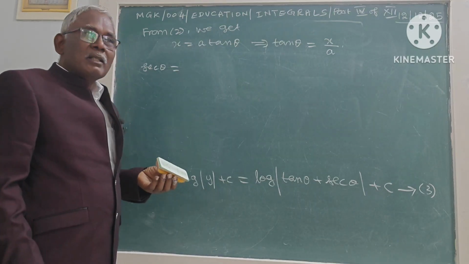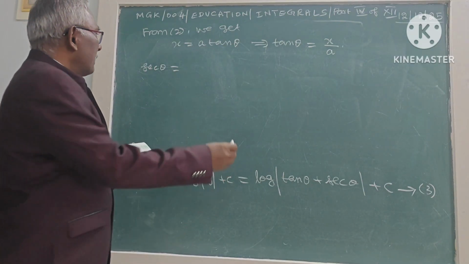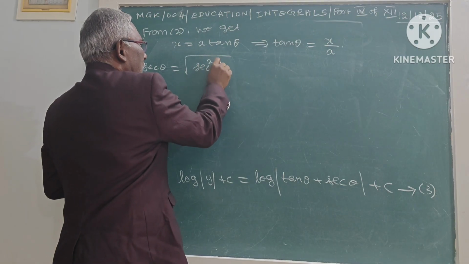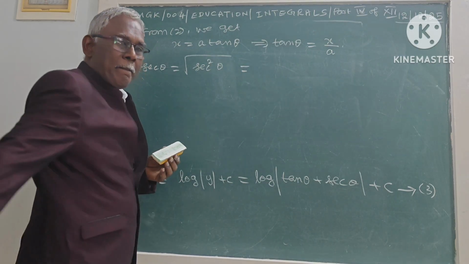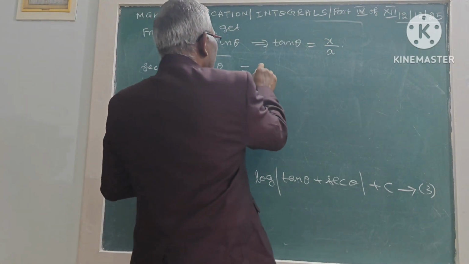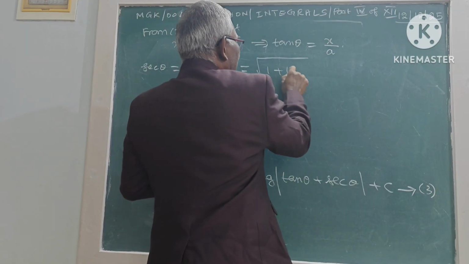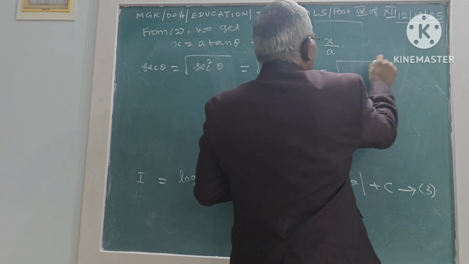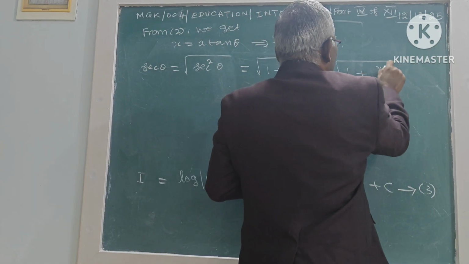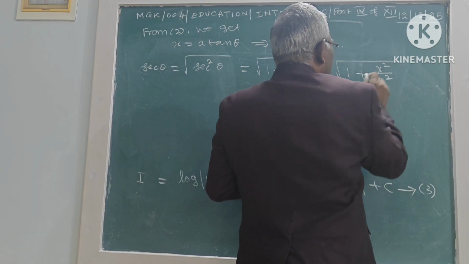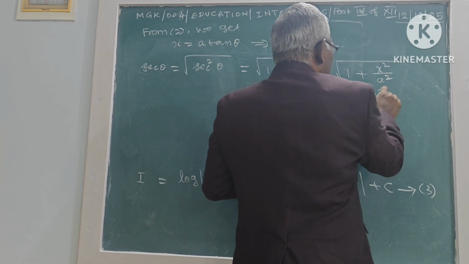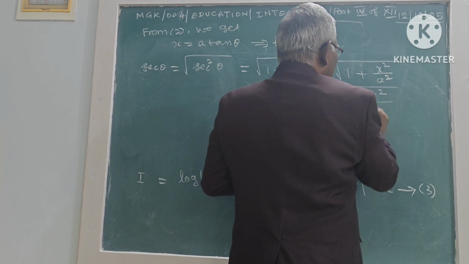So we know that secant square theta is 1 plus tan square theta. So secant theta is the square root of 1 plus tan square theta, so square root of 1 plus x square by a square, or square root of a square plus x square by a.